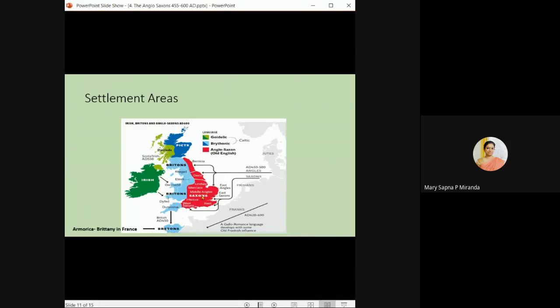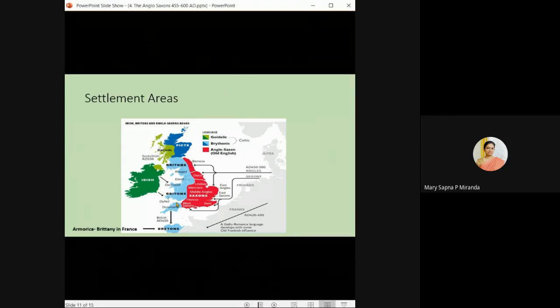Now, with the coming of these Anglo-Saxons, they were pushed towards the west as well as towards the north. So this can be seen as something like a line of control, where the Anglo-Saxon kingdoms ended, right? So this blue region was all occupied by the Celtic tribes, whom we now call the Britons.